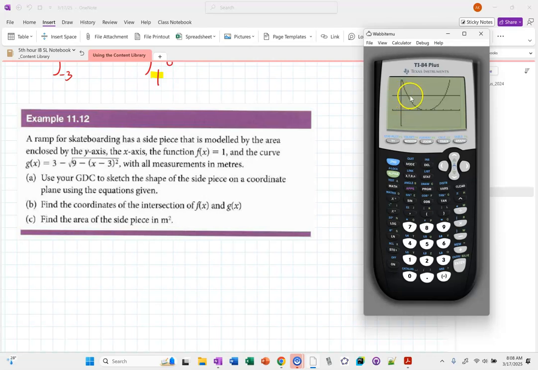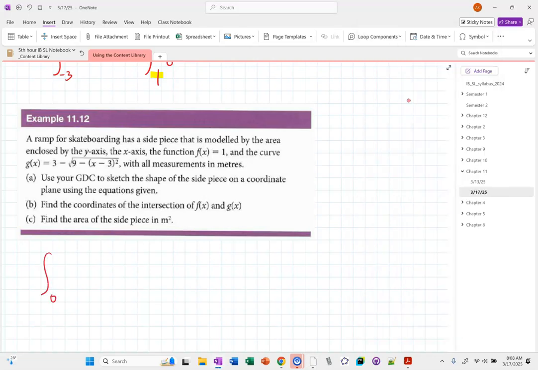So if I want the area of that, up until here, it's just the area under y equals 1. And then after that, it's just the area under g of x. You guys good with that? So I just need to find that area.